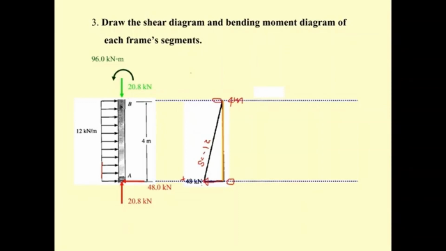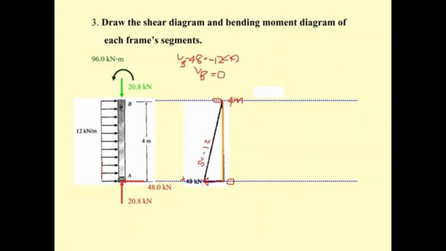If you don't believe it, the shear at B, V sub B, minus 48, is going to be equal to minus the area here. The area here is 12 times 4. And then you can see clearly V sub B is equal to 0 kilonewton.